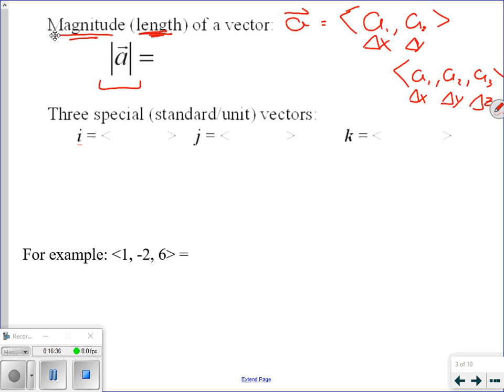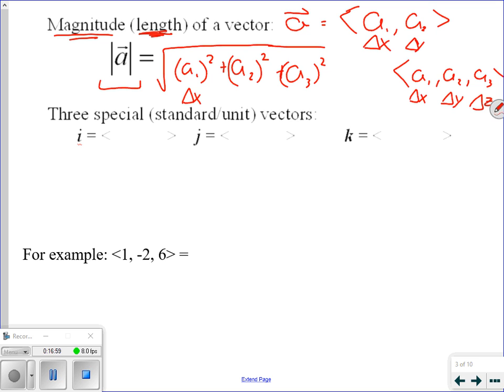Regardless, however many we have, the magnitude is the square root of A1 squared plus A2 squared, and if we have that third component, plus A3 squared. It's just the Pythagorean theorem. It's just the distance formula. This is the change in X, so that's X2 minus X1. This is the change in Y, and possibly a change in Z if we have that third component. So magnitude is nothing more than the distance formula.